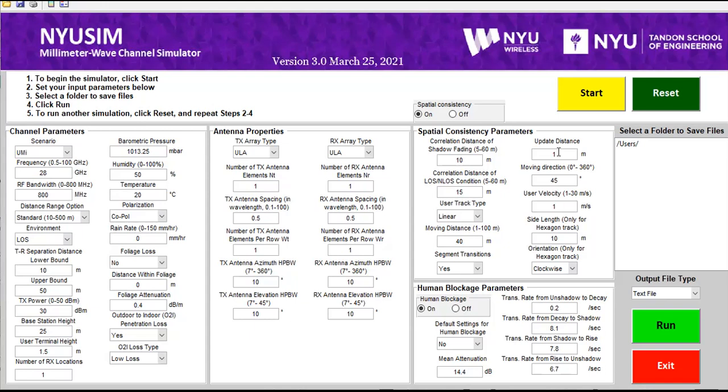Probably update distance gives the segment size, or it may be the side length. Okay, I'm not quite sure. The user track type is linear or hexagon, how it moves.